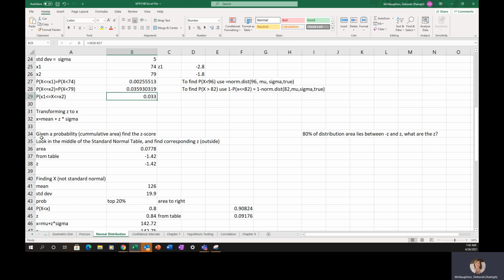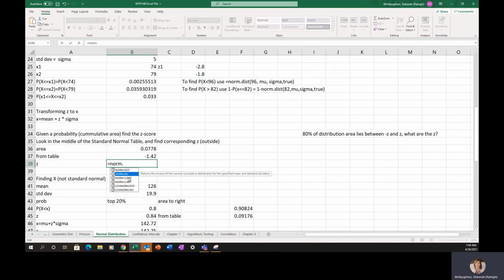So if we're given a cumulative area under the curve and told to find the z-score, so if they color in the curve and they give us the area to the left, and they say the area is 0.0778, then the way that we get this, norm.s.inv, I don't think these give us anything different. Oh, it does.